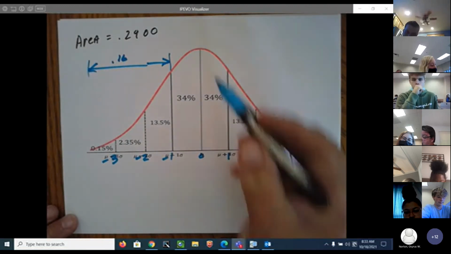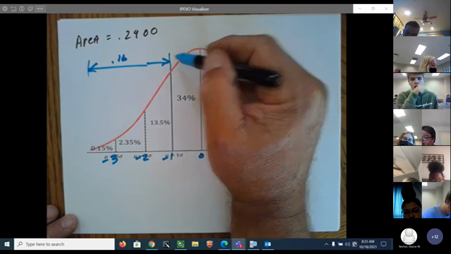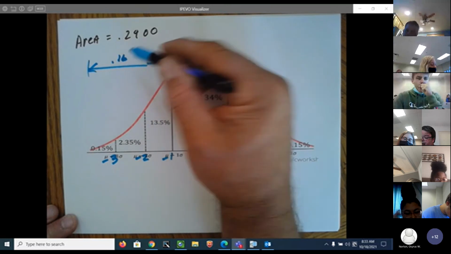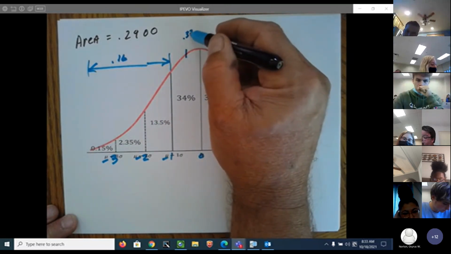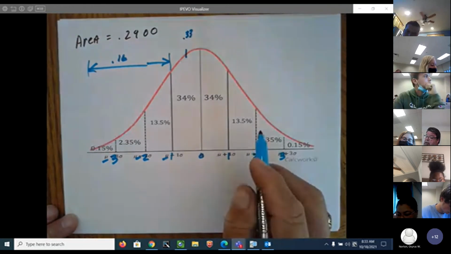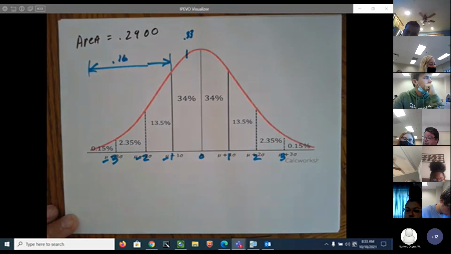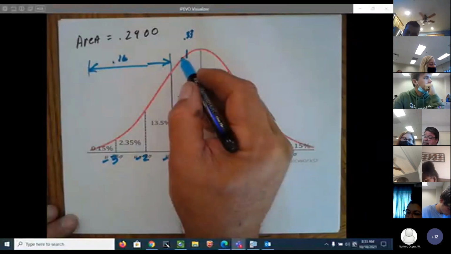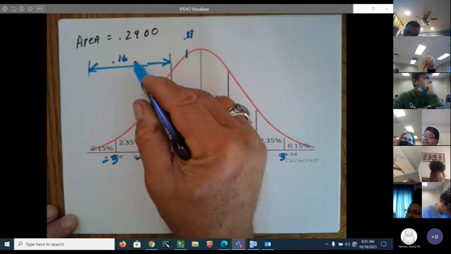So half of 34 is 17. 17 and 16 is 33. So half would be 33. Because that's 17 plus 16. I'm just going off the top of my head. Half of 17 is 8. 8 and 16 is 24.